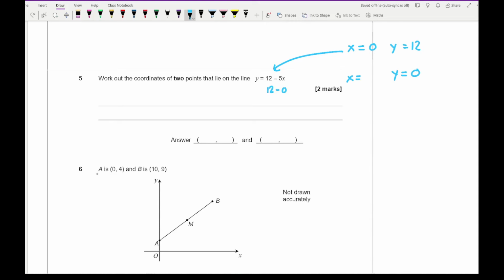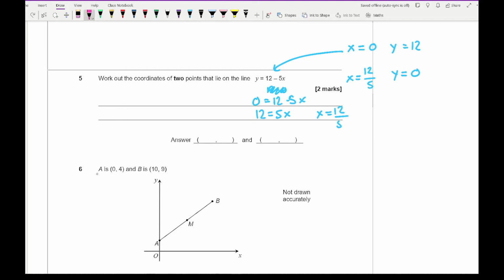Now then, for y to equal 0, we can then go for 12 minus 5x. And then from this, we've got 12 equals 5x and x equals 12 over 5, which is absolutely fine. So that would be a set of coordinates that lie.